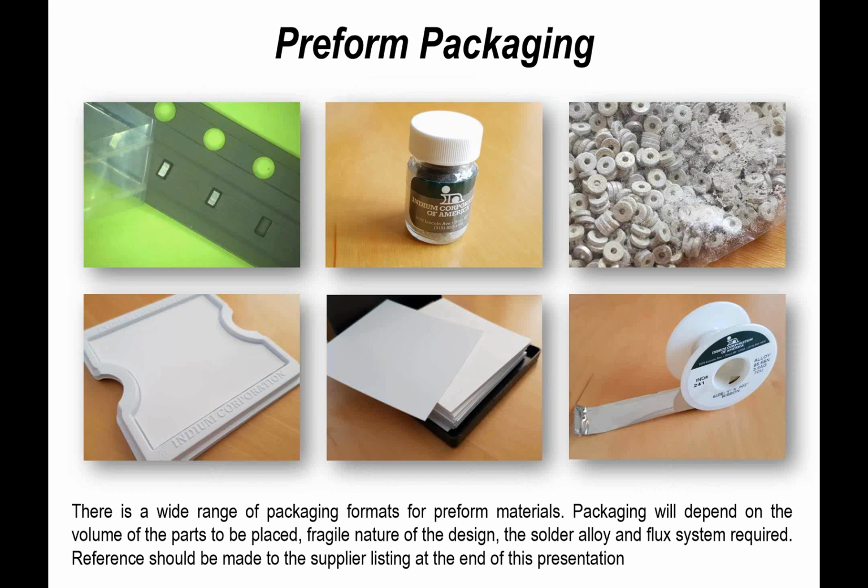So in this illustration, I show tape and reel feed, tape feed, bulk, samples in a glass container, and just separator sheets used in a protective packaging format. So it very much depends on the volume, the automation you're going to be using, and of course the material itself.